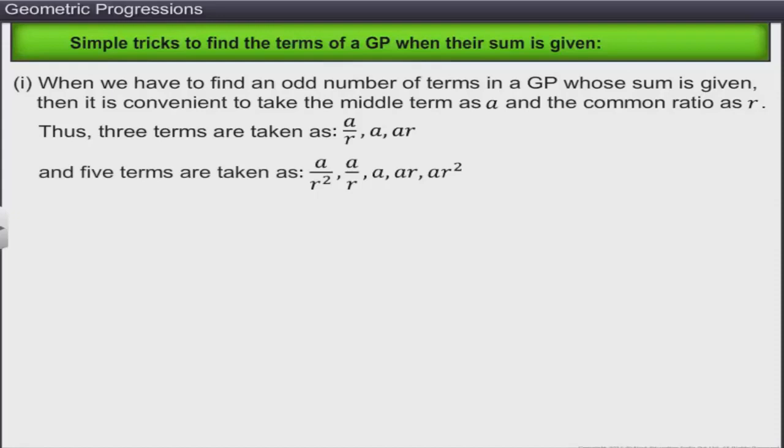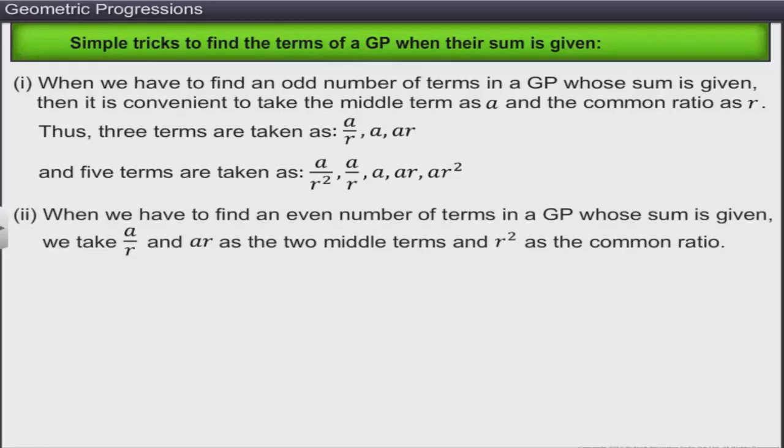When we have to find an even number of terms in a GP whose sum is given, we take a upon r and a into r as the 2 middle terms and r square as the common ratio.